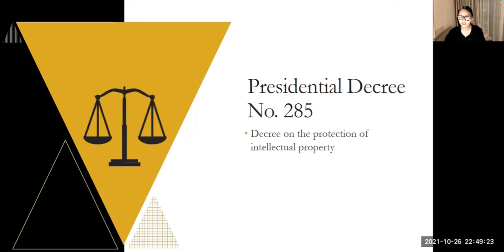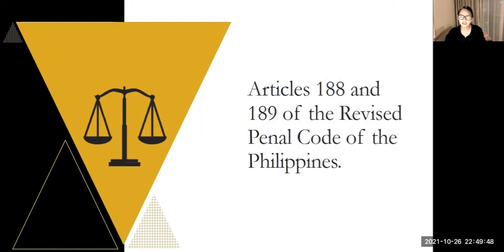Ang apat is yung Presidential Decree number 205, Decree on the Protection of Intellectual Property, or authorizing the compulsory licensing or printing of educational, scientific, or cultural books and materials as a temporary or emergency measure whenever the prices thereof become so exorbitant as to be detrimental to the national interest. And lastly, yung Articles 188 and 189 of the Revised Penal Code of the Philippines.